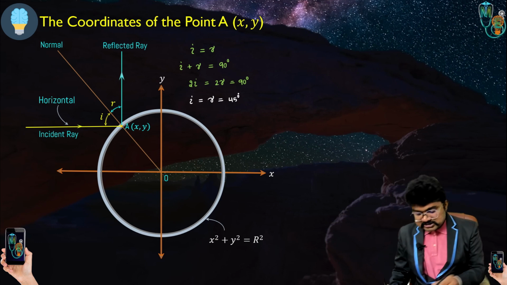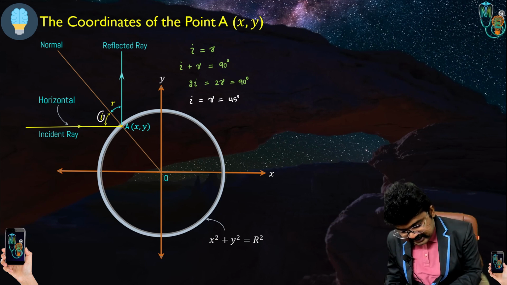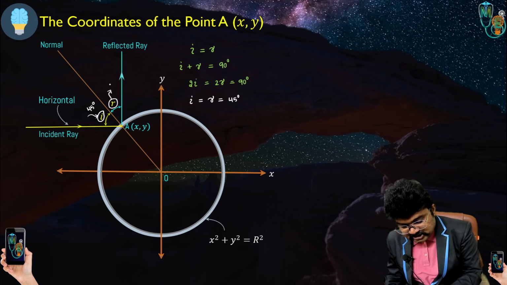The angle of incidence is 45 degrees, and the angle of reflection is also 45 degrees. So this is 45 degrees, and this is also 45 degrees.